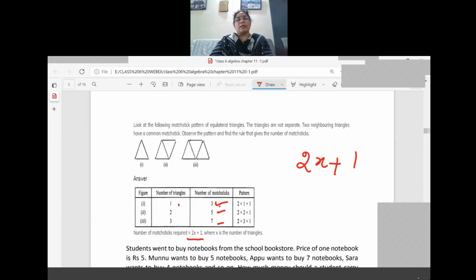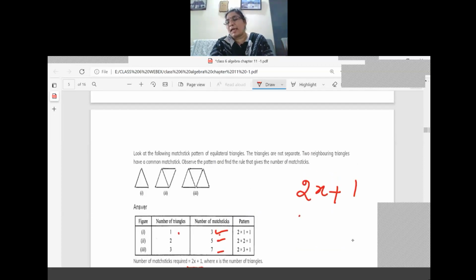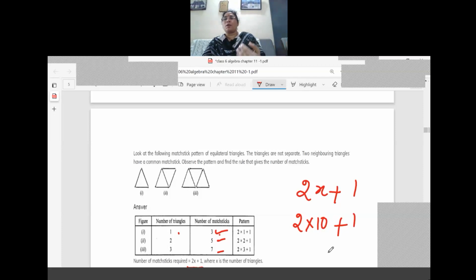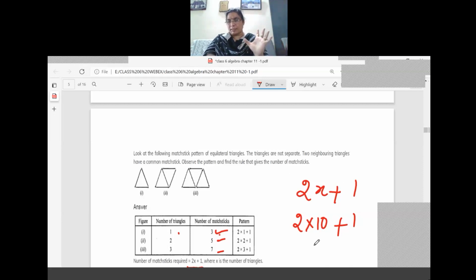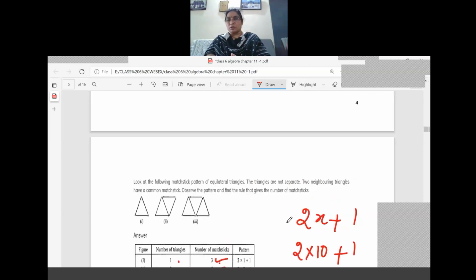So if I'm making 10 triangles, what will happen for x? x will take 10. 2 into 10 is 20, then plus 1, 21. Like that, we are getting a pattern. So if you observe the previous example, it is easy to form the patterns. With this type of pattern, you need a little practice. That's all. I think you got a little idea of what algebra is.